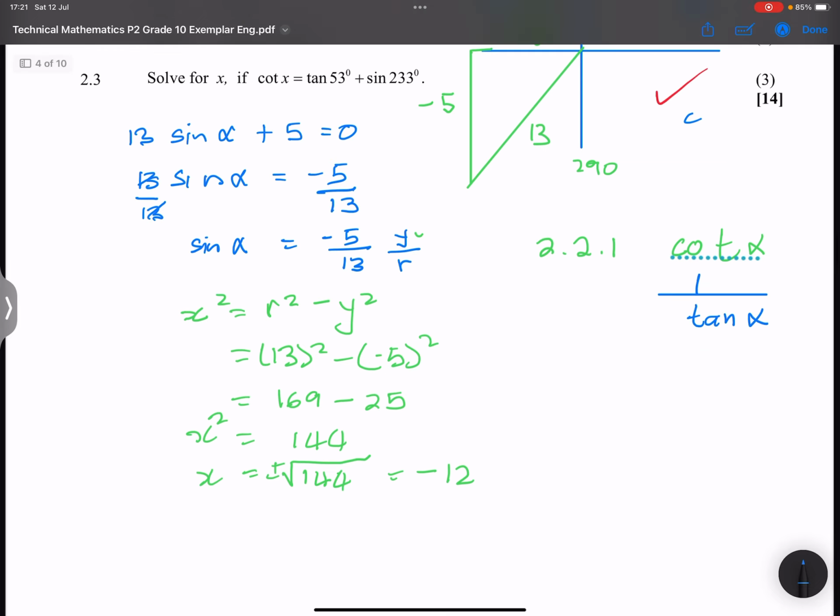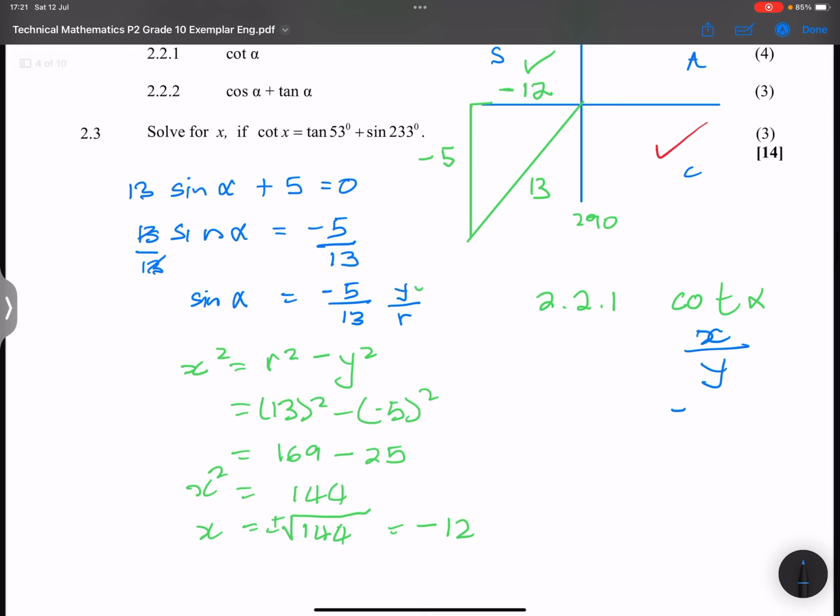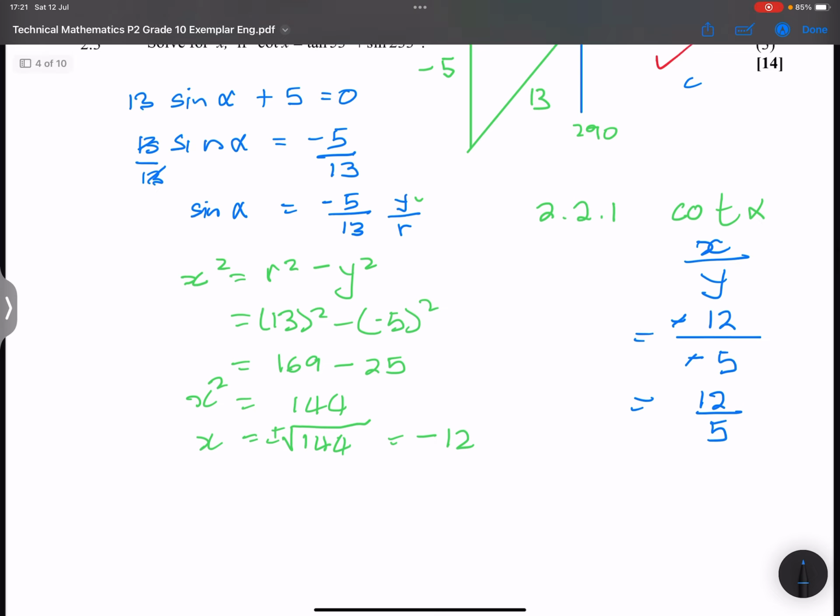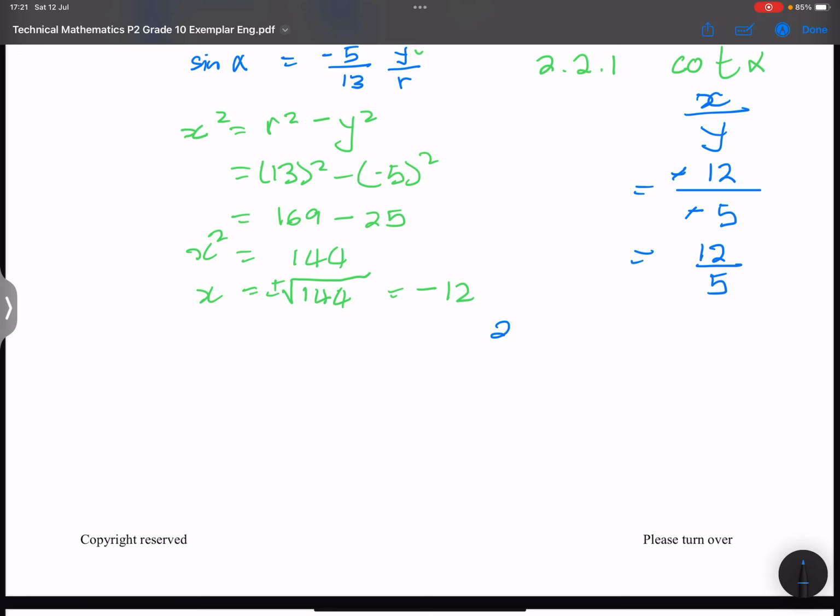Now remember, what is tan? Tan is y over x, meaning that cot would be the inverse, which is simply x over y. My x value is negative 12, and my y value is negative 5. Negative divided by negative would be a positive, so my answer would be 12 over 5. And that's how the cookie crumbles.